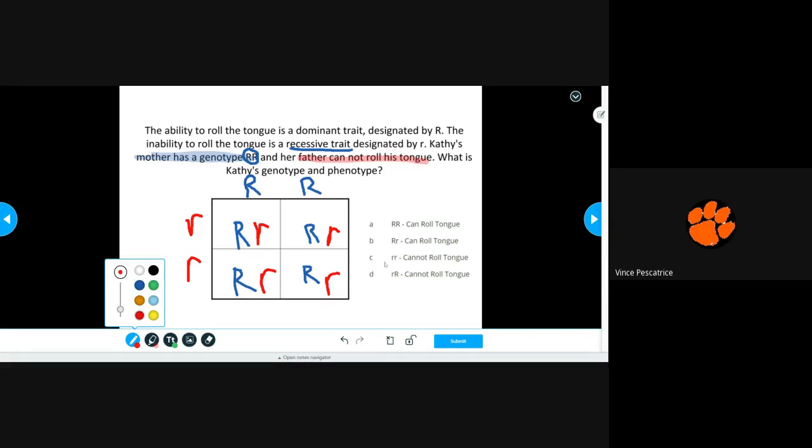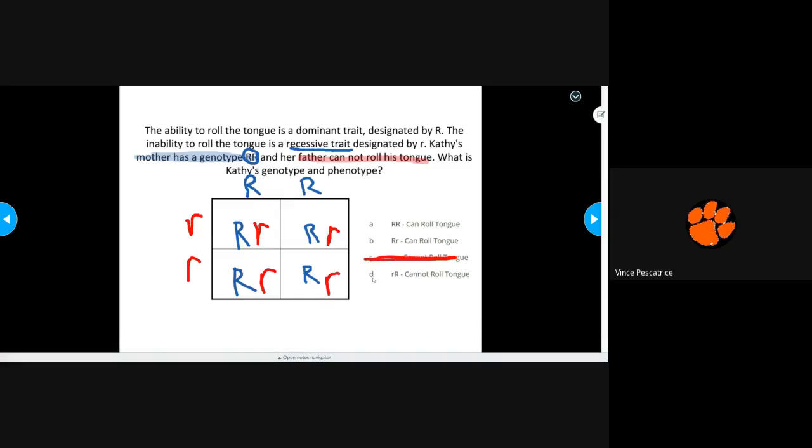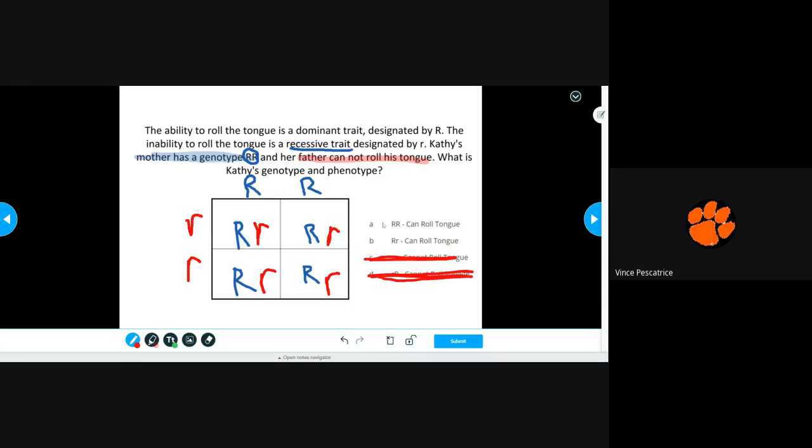So let's look. Here's one, and that's one. So Kathy is able to roll her tongue because her mother is homozygous dominant, which will dominate every one of her father's genes because her father can't. So there's no situation where Kathy cannot roll her tongue.